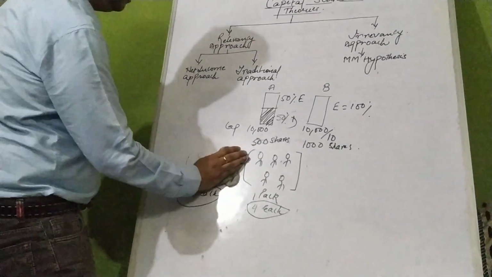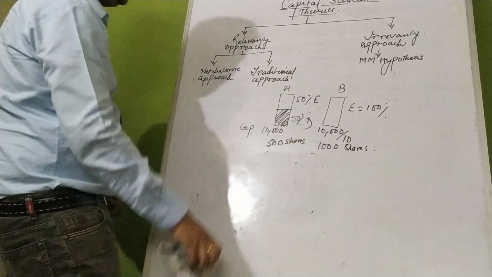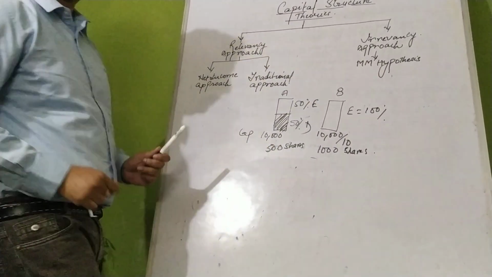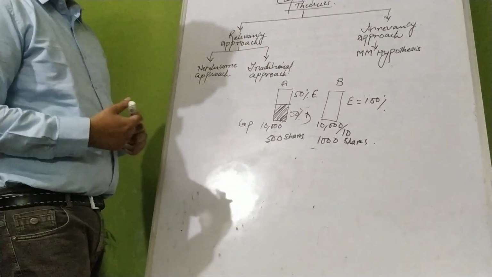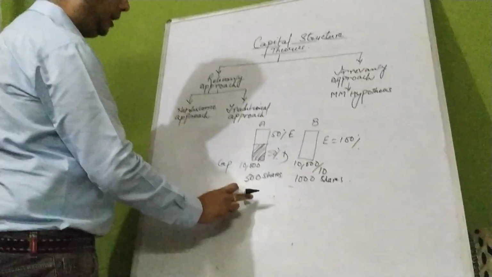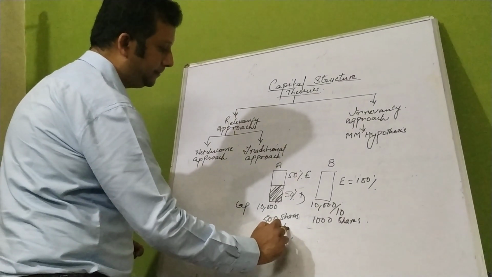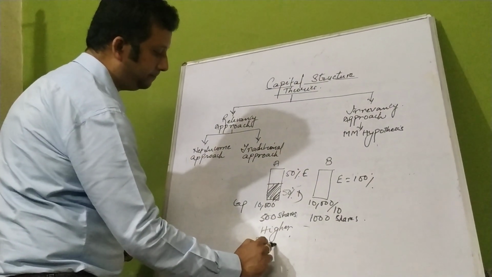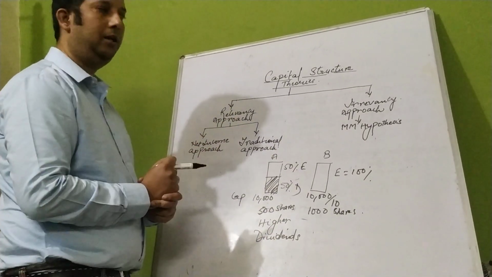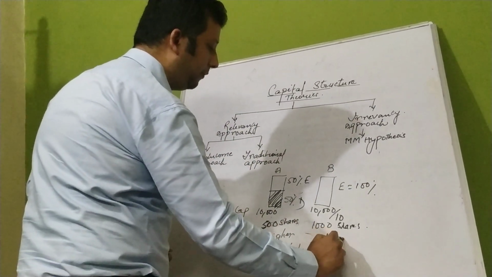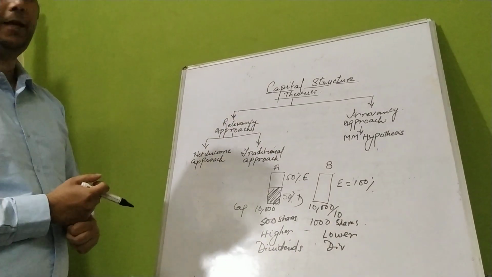Now let us take this example in context with a company. Company A has 500 shares, whereas company B has 1,000 shares. Of course, when the profits are distributed, the company A shareholder will get a higher dividend, but the company B shareholder will get a lower dividend, even if the profit remains the same.